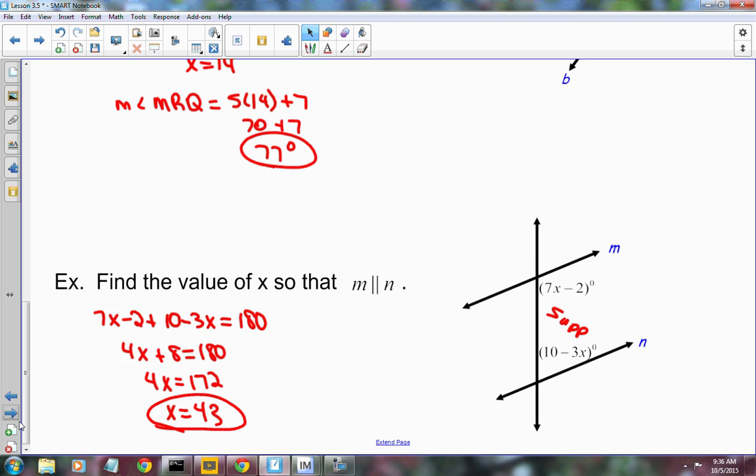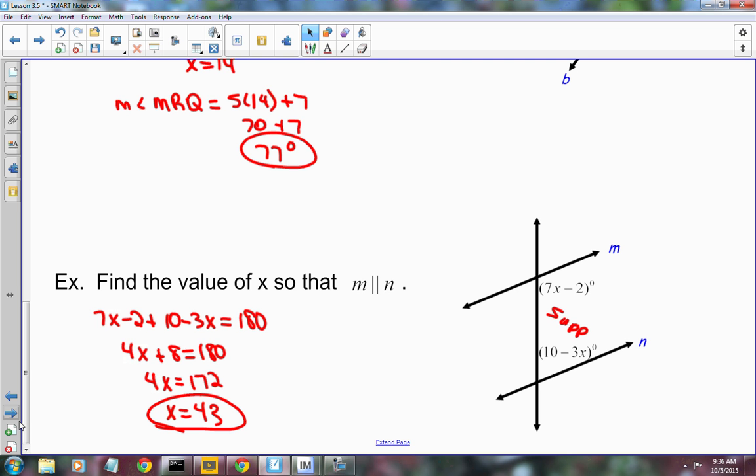What else? Okay, what do you have to show for the alternate interior angles converse? What does it say? In your English, what do I have to show about alternate interior angles to have parallel lines? Show that they're congruent. What else?